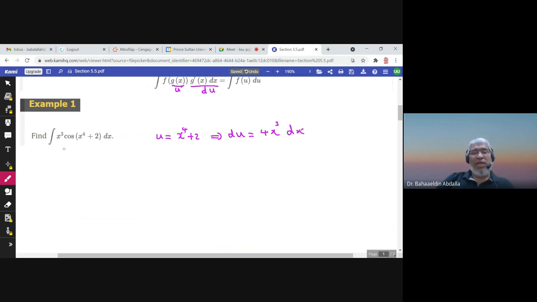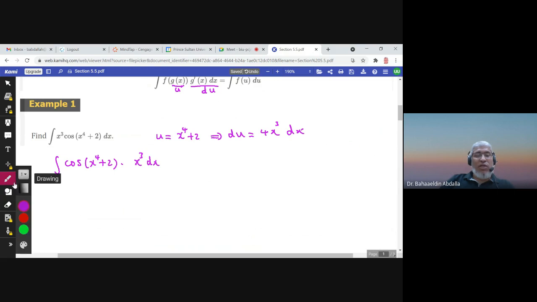Now let us concentrate here on this integral. I have the integral of x cubed, but I need 4x cubed. Okay, I can write it like this. Let me write cosine first. I have cosine of x to the power 4 plus 2 times x cubed dx.